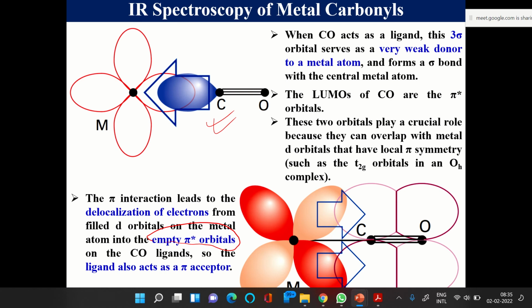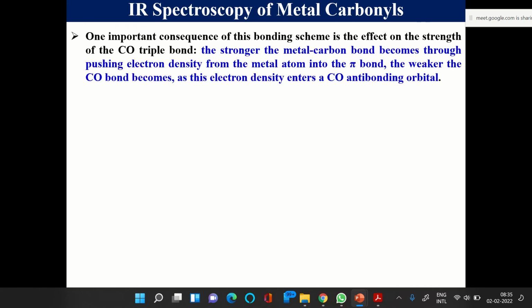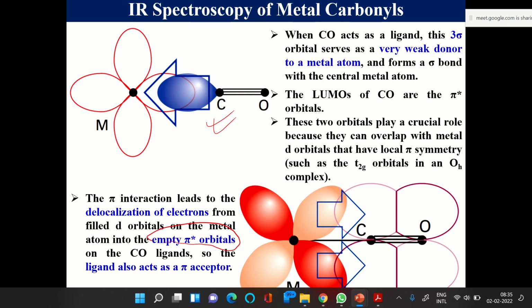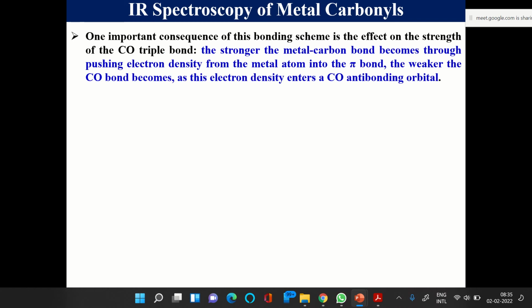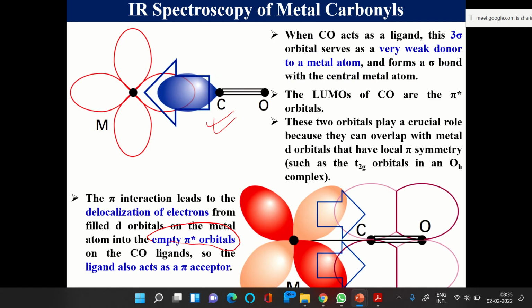We call it a pi acceptor ligand. So it is a very good pi acceptor ligand. You should also know that in carbon monoxide the back donation that we are observing, the overlap between the empty pi star and the metal filled orbitals, is very good, as compared to PPh3, which is another ligand that can also participate as a pi acceptor, but PPh3 is a better sigma donor.